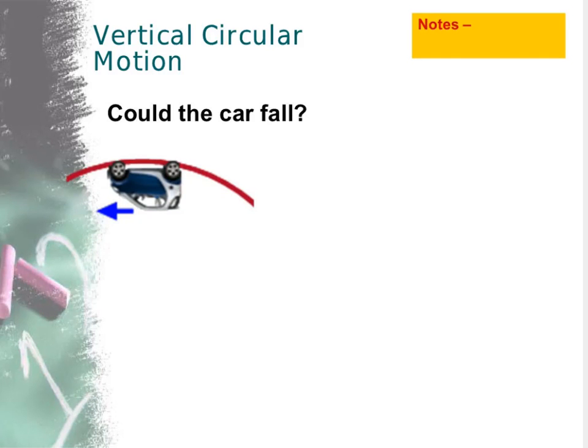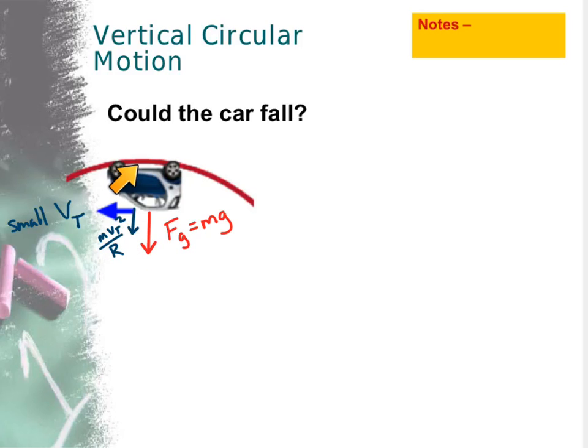Could the car possibly fall? Well, if the car goes slow enough... remember that gravitational force is always pointing down. If I have a small velocity at the top, that means I have a small mass times centripetal acceleration here. And if this vector is not big enough to match this vector, I don't have a normal force that can possibly point up.